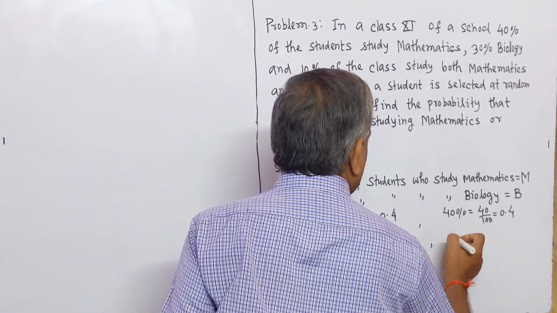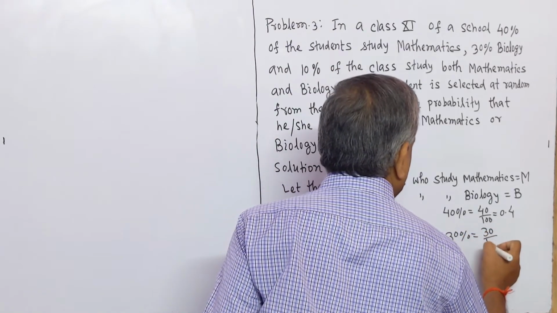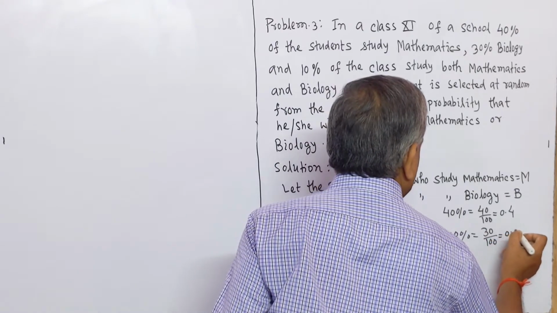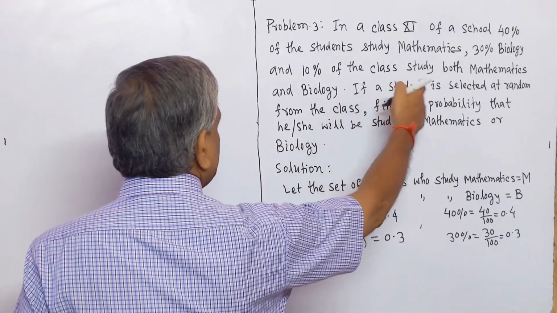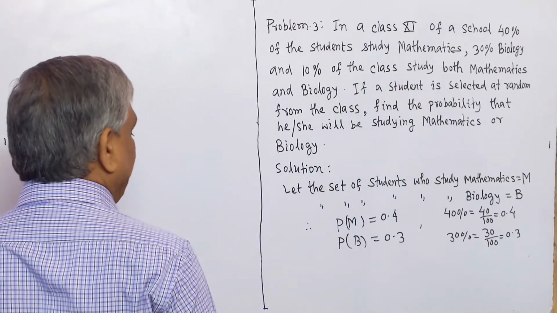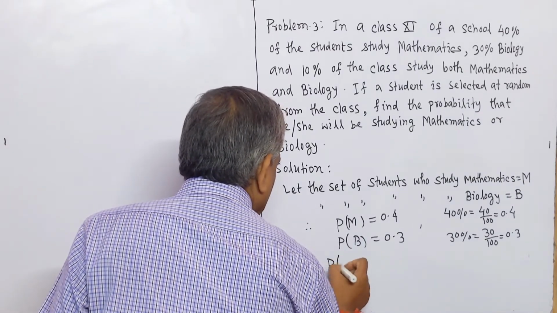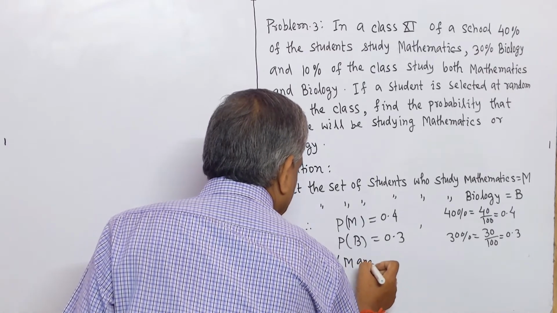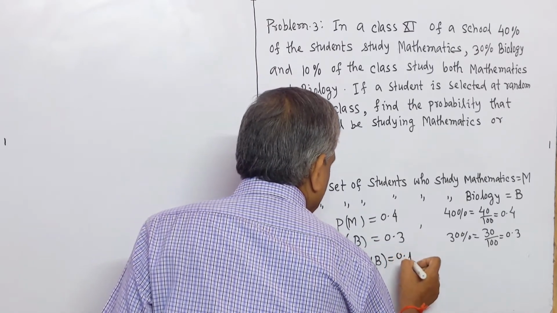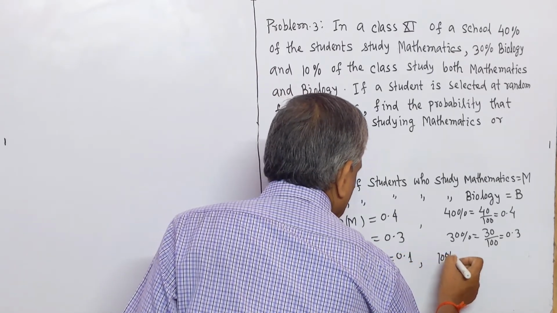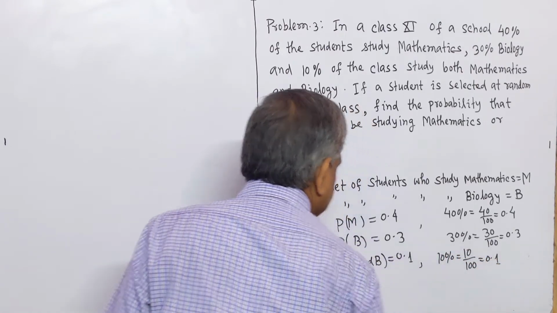Similarly, 30% means 30 by 100, means 0.3. Also given that 10% of the class study both mathematics and biology, means probability of mathematics and biology is 10%, means 0.1. 10% means 10 by 100, means 0.1.